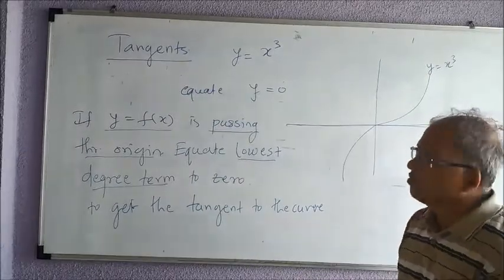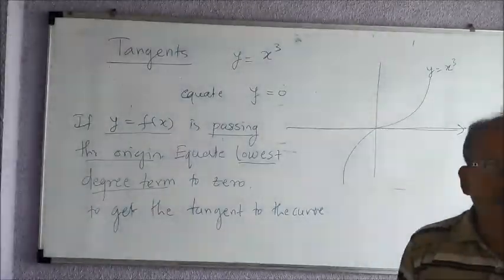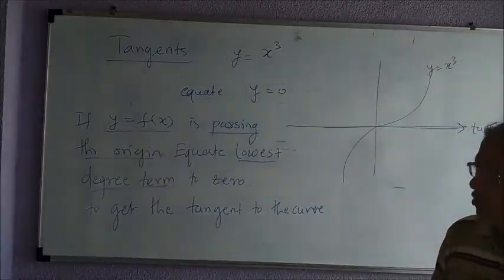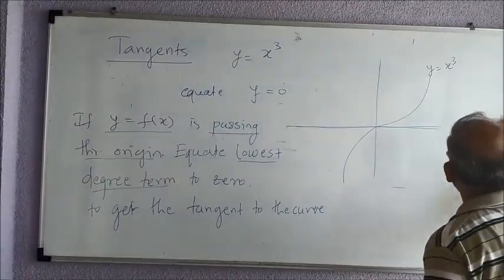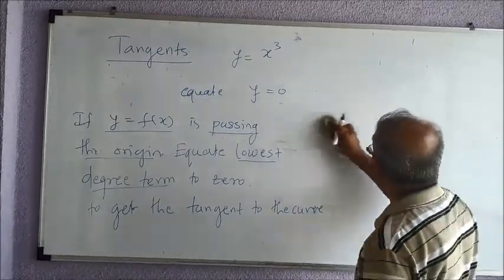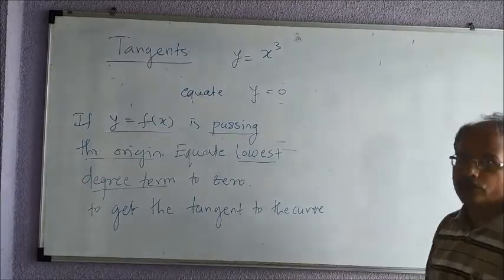Now sometimes the curve may not pass through origin. So at any arbitrary point, how do you get the tangent? That is a very interesting point. Here we are not looking at exactly the tangent, but at the nature of the tangent.